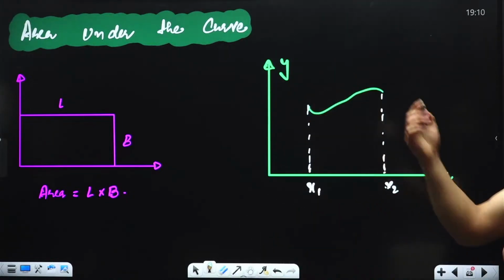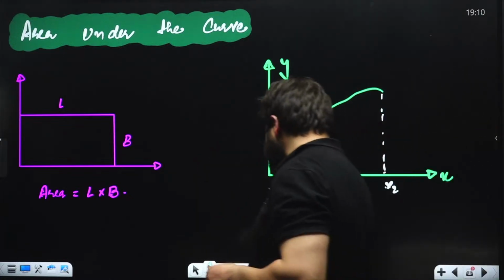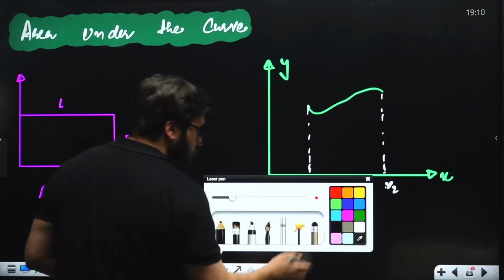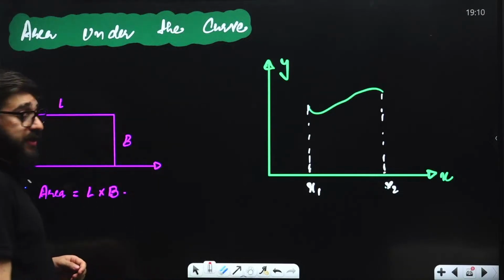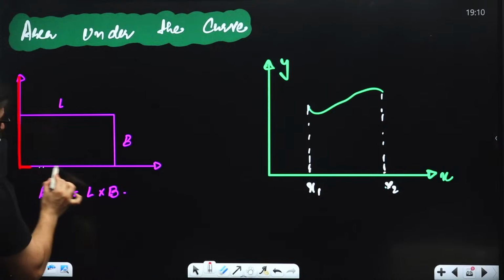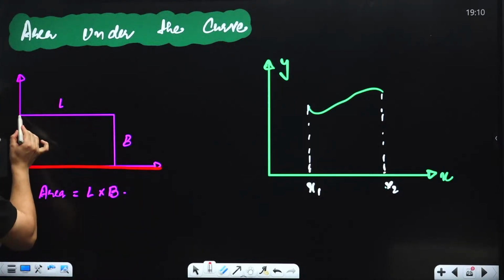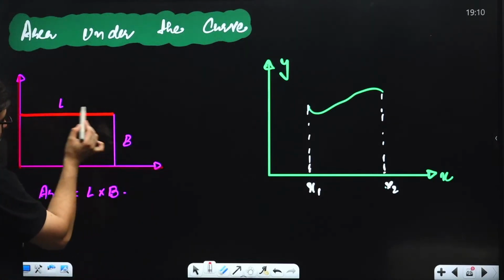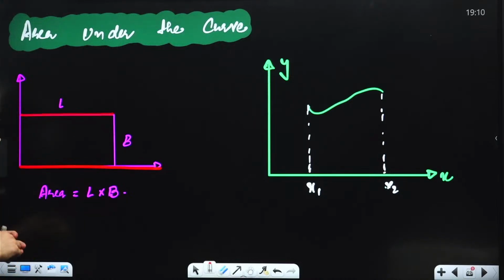Now see, guys. Let's talk about area under the curve. What does area under the curve mean? Let's suppose we are given a graph, a constant graph, parallel to the x-axis.